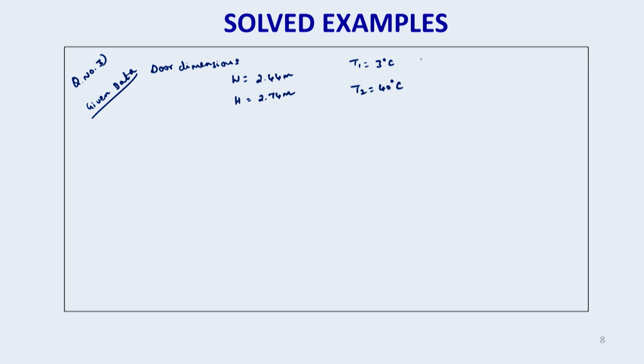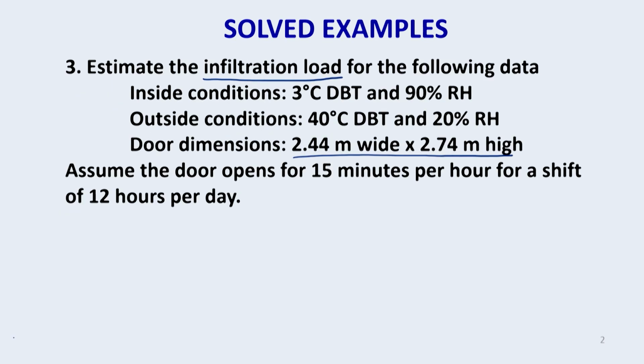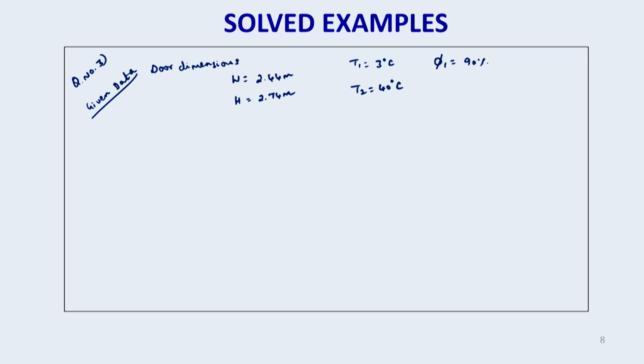And relative humidity is represented by the symbol phi. Phi1 is equal to 90%, the inside, and phi2 is equal to 20%, the outside.